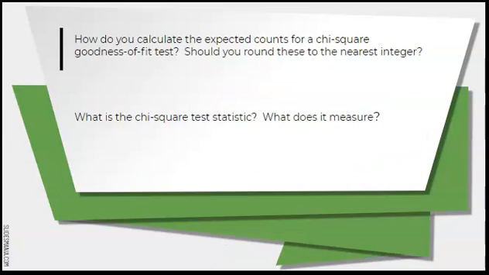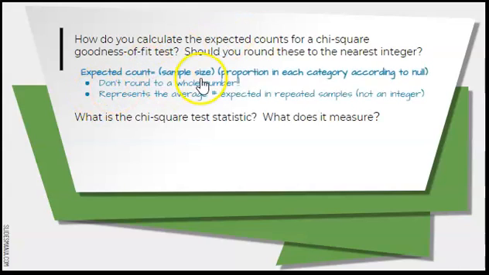How do you calculate the expected counts for a chi-squared goodness of fit test? And should you round these to the nearest integer? Expected counts are basically what we would expect to be true in our sample if what they claim is true. So, it's a real simple calculation. You take your sample size and multiply it by the proportion that they tell you it should be.